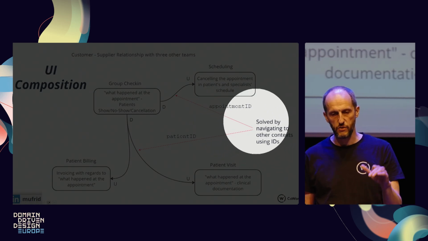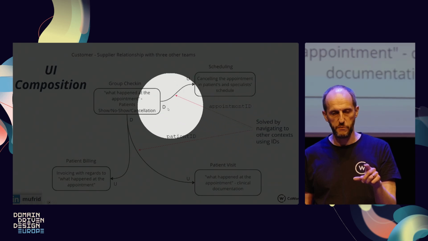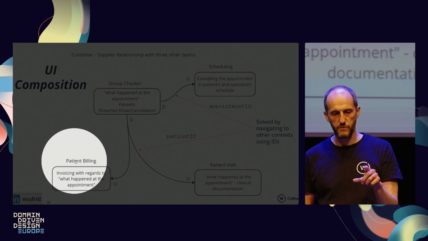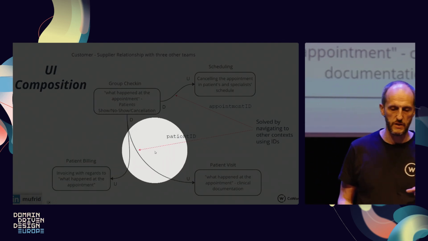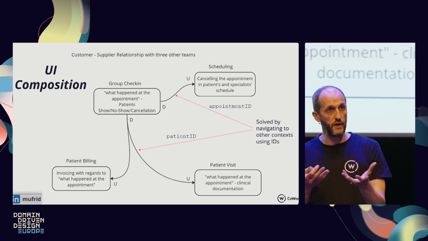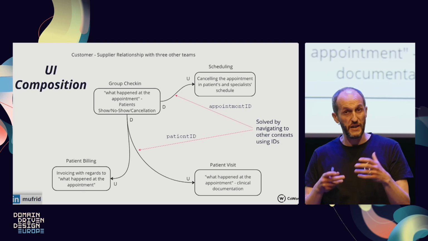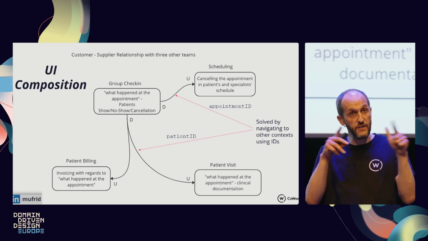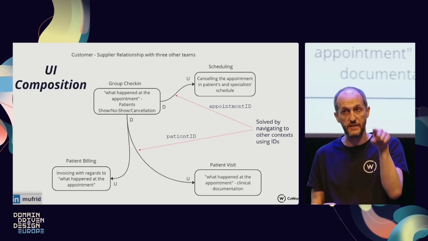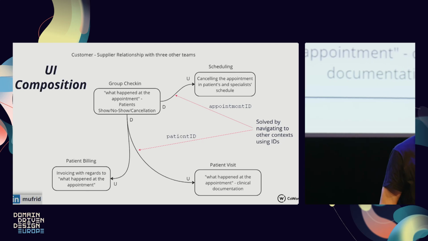So can we navigate on the UI across the contexts using appointment ID between group and scheduling, and patient ID between billing, visit, and ourselves. And so no tightly coupled dependencies, allowing this end user flexibility, allowing user to jump between the contexts as they need, but keeping the models consistent.